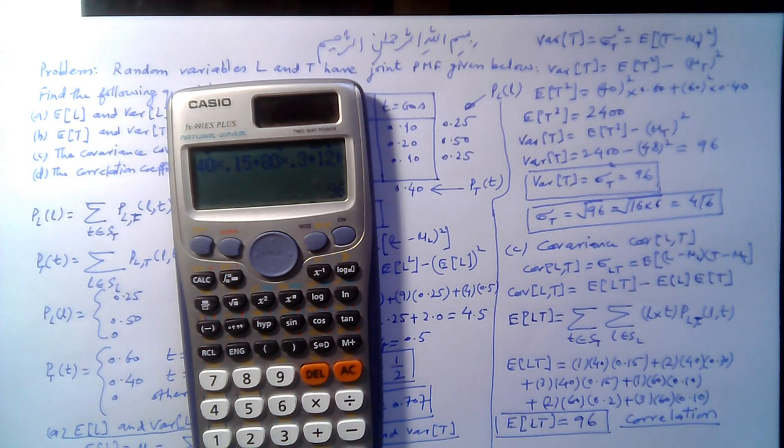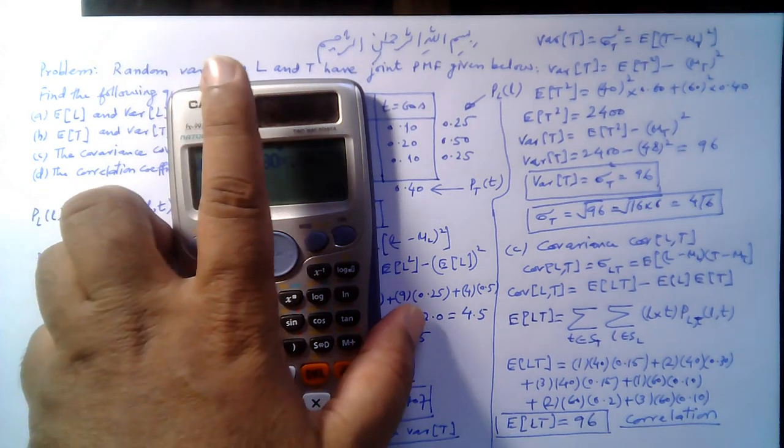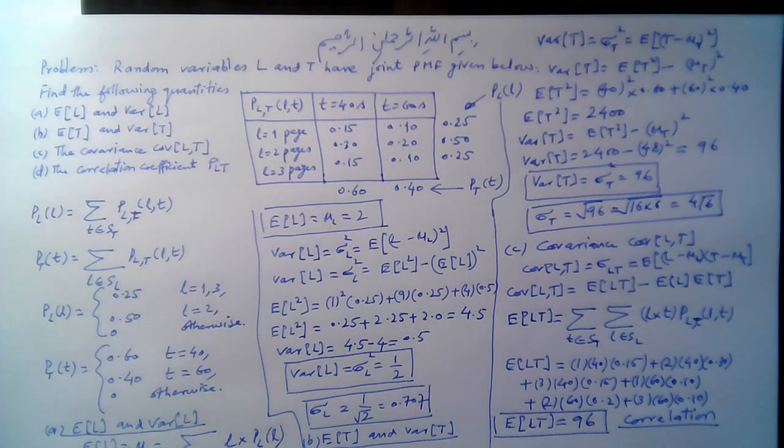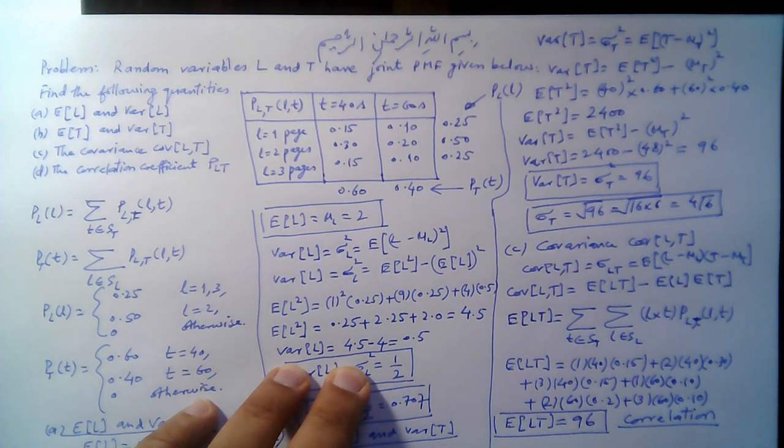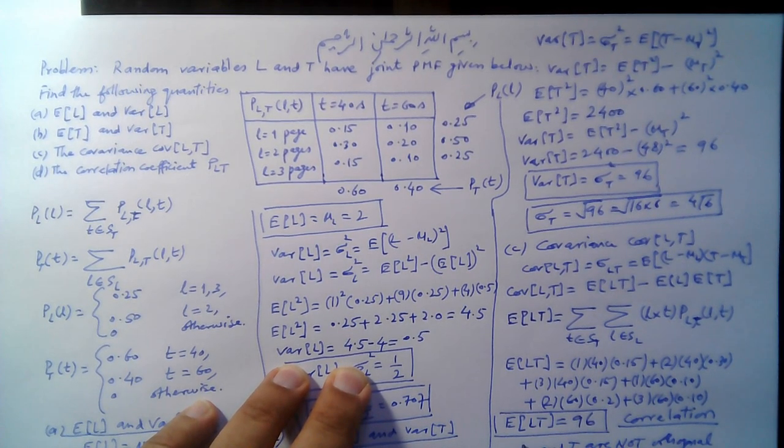But by no means does it tell that the random variables L and T are correlated or not. This inference can only be drawn after we have calculated the covariance of L and T. However, we can tell that the random variables L and T are not orthogonal because this is a non-zero value.